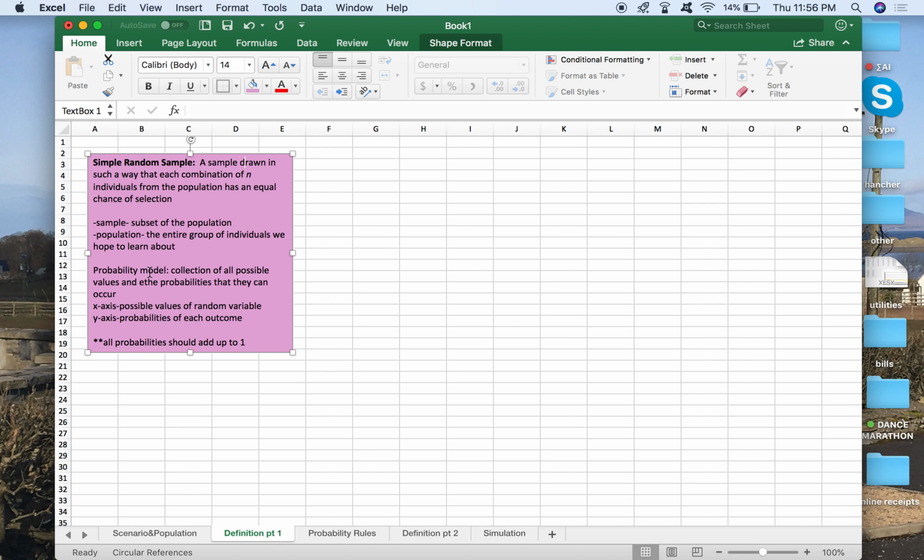The probability model is a collection of all possible values and the probabilities that they can occur. The x-axis is the possible values of the random variable, and the y-axis is the probabilities of each outcome. And all the probabilities should add up to 1.